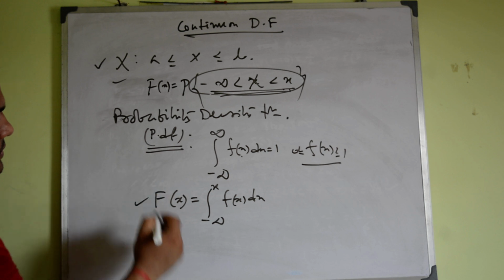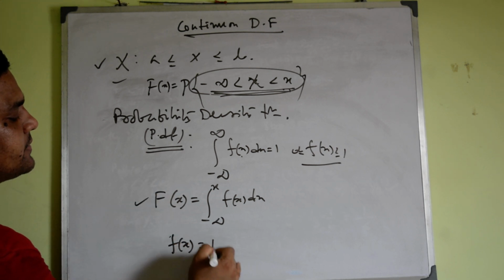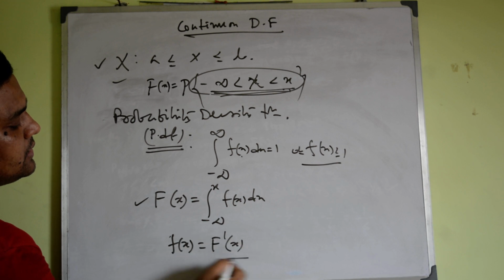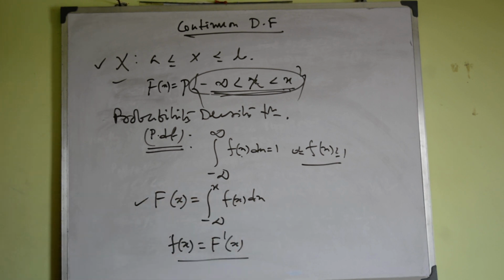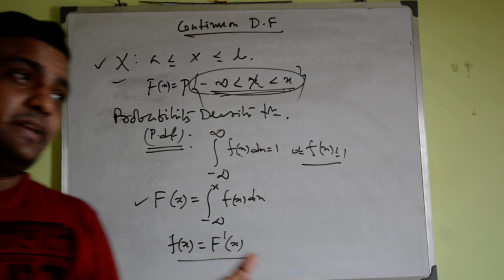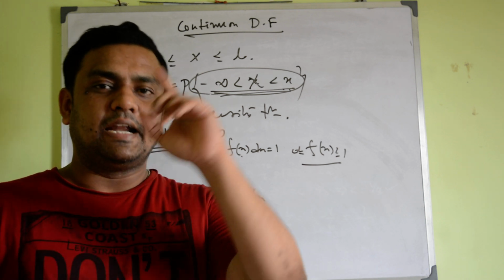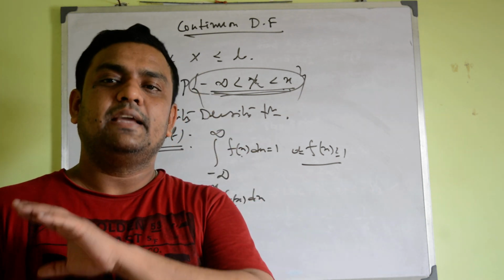From this you can clearly identify that f(x) equals F'(x), because differentiation and integration have an inverse relationship. You can easily see that d/dx of x square gives 2x, and the integration of 2x gives x square.